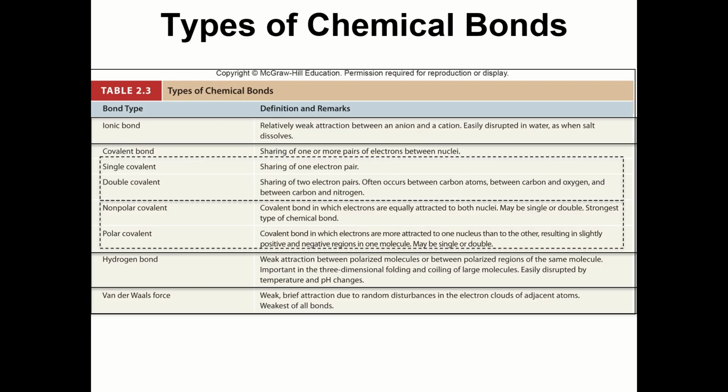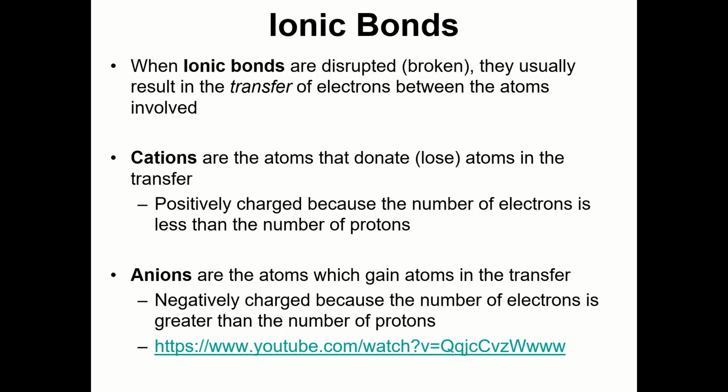Ionic bonds themselves, as we said, are relatively weak. They're attractions between ions, and of course, they're easily disrupted in water. So this is why we talk about them being associated with salts or electrolytes within our body. Another way to think of an ionic bond is a bond that occurs as electrons are exchanged or transferred between atoms.